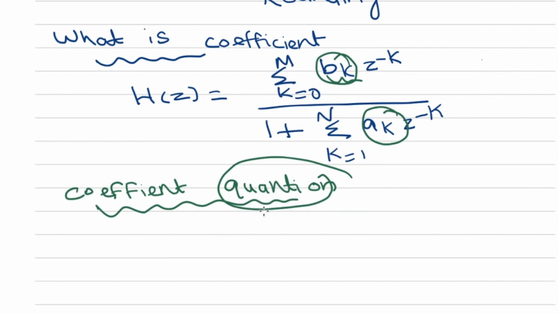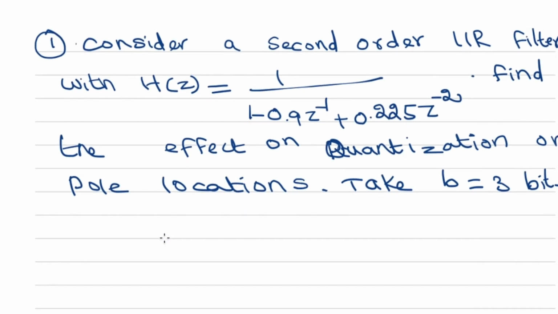Quantization means truncation and rounding we are performing. So when these continuous values are mapped to a small set of discrete values, this is called coefficient quantization error. Okay, so let us solve one problem.